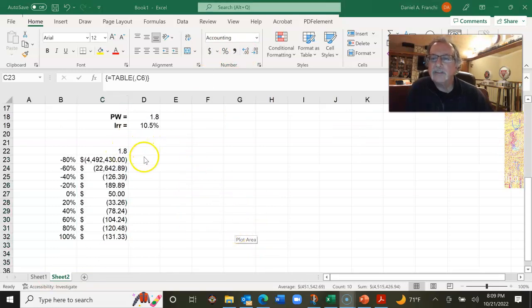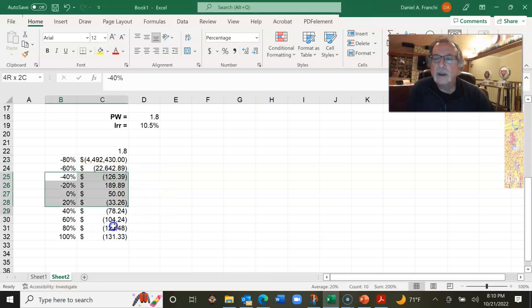Now if we look at this, we can see it's hugely negative at minus 80%, hugely negative at minus 60%. At minus 40, it gets to be slightly negative. So let's graph this range right here.